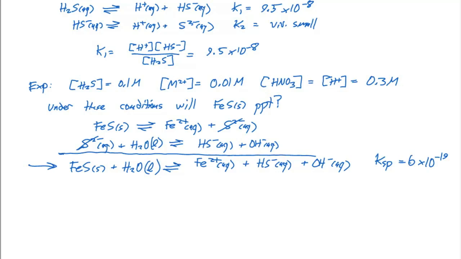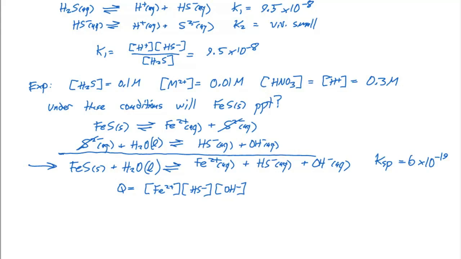So if we're going to write a Q expression for this overall reaction, Q is going to be our iron 2 plus concentration times the HS minus ion concentration times the OH minus concentration. So we have to, for iron sulfide, compare this product right here to the KSP, which is 6 times 10 to the minus 19.